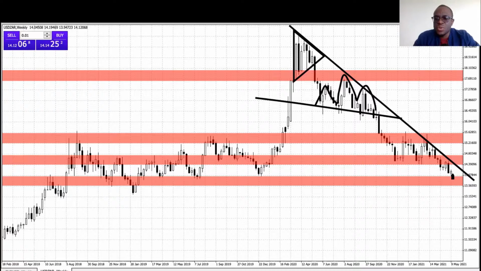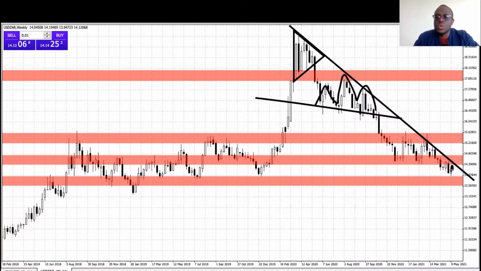Now, in the case of a bullish scenario, what we'll be expecting is that the price is going to continue this bullish movement, seeking to retest 14.39096. So this will be the bullish movement that we'll be anticipating, and it may come and form a lower high. That will be a story of another week.